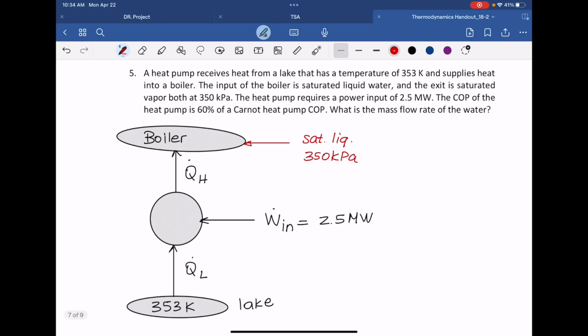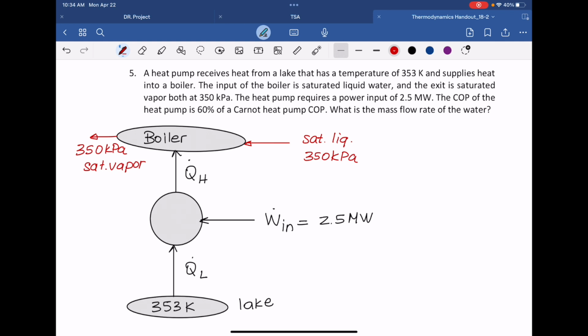It is also exiting the boiler after getting the heat from the lake at the same pressure. That's what the problem statement says. And then as saturated vapor. So remember, boiler is an open system. Water flows through it, and in this case that boiler is acting as a source, but where the source is where we are heating, where we are dumping the heat to, because that's the purpose of the heat pump.